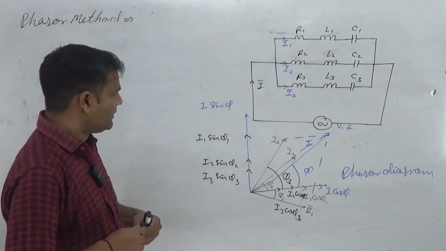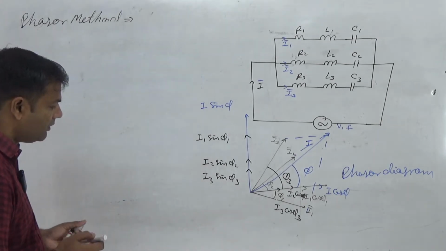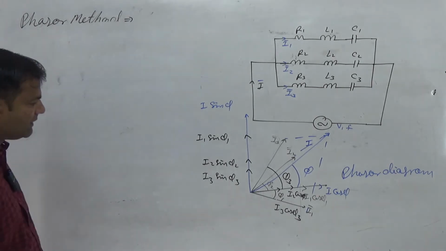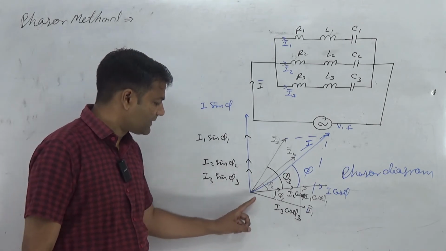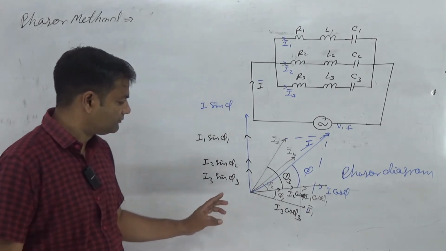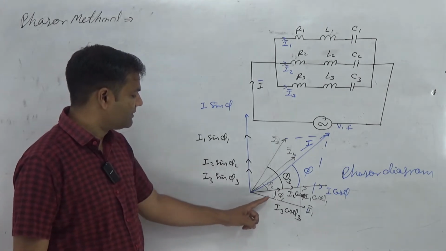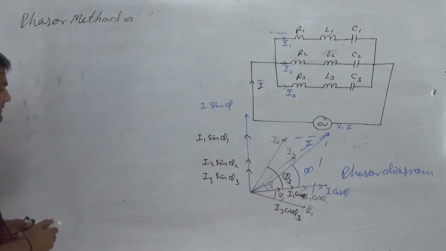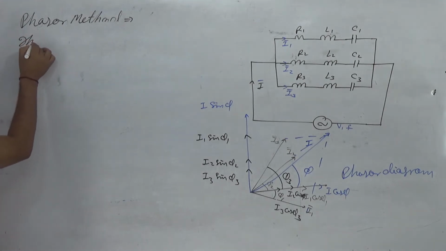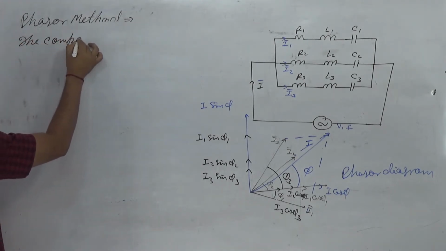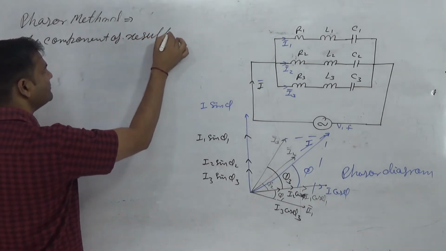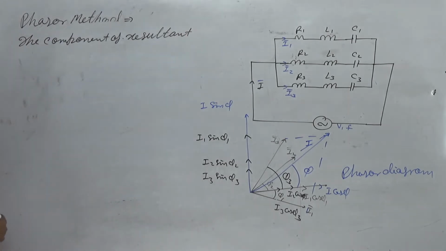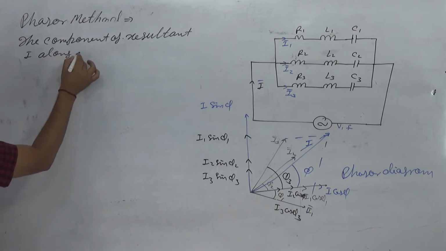Now first of all, what about the resultant along the x-axis? Our motto is to determine the resultant first. You can see the component of the resultant current I along the x-axis.